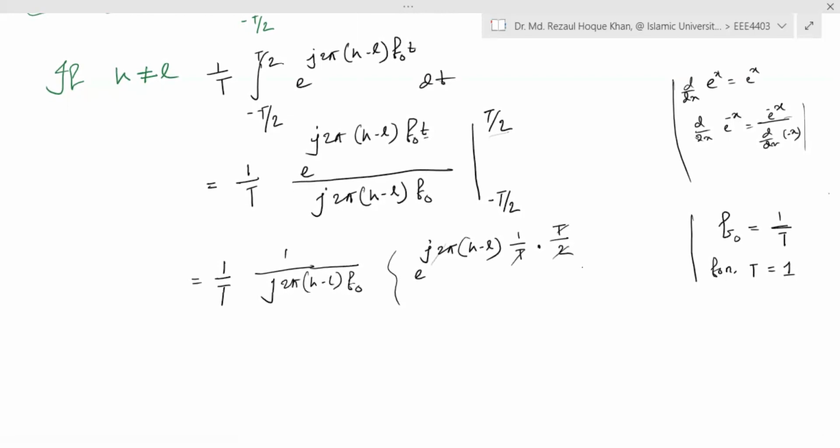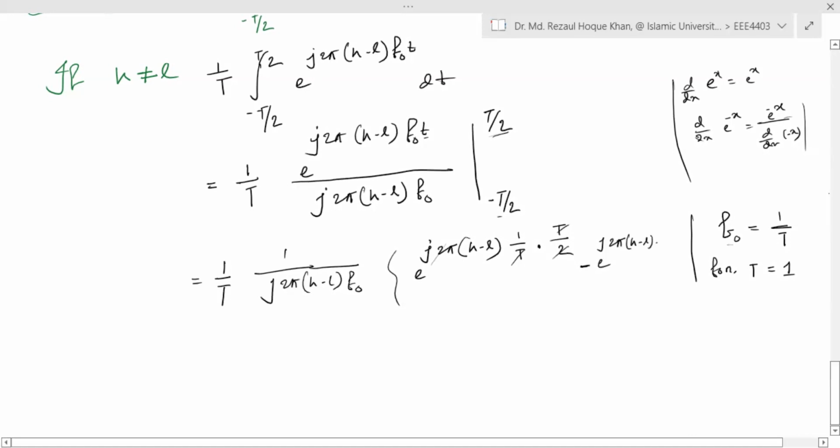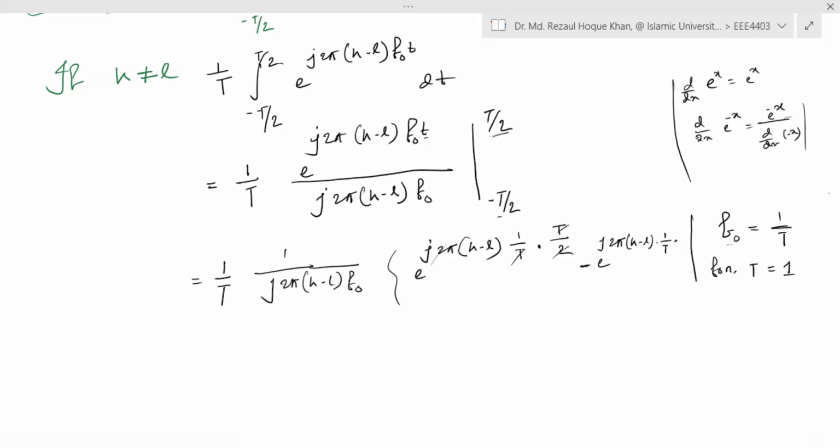So this is for the upper part. For the lower part, which is actually minus, for the value of minus t by 2, for this part we can write e to the power j 2 pi (k minus L), f0 is nothing but 1 by t, and into minus t by 2.